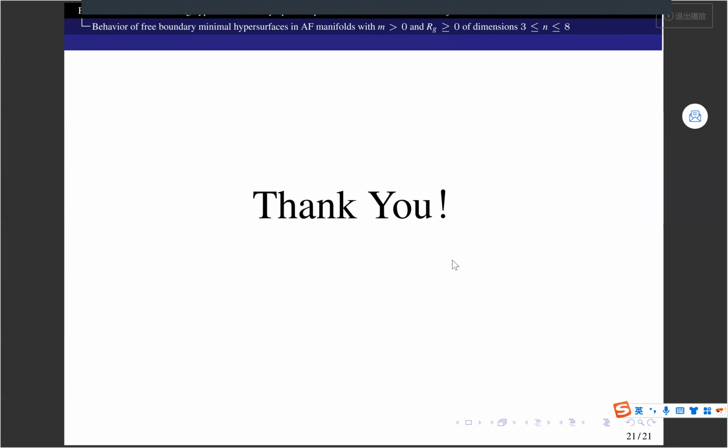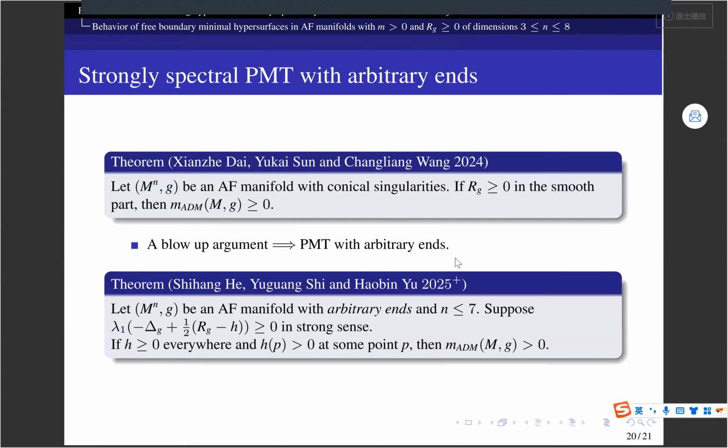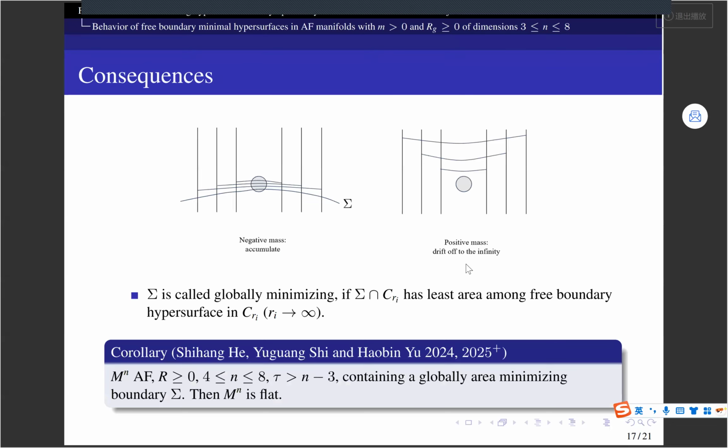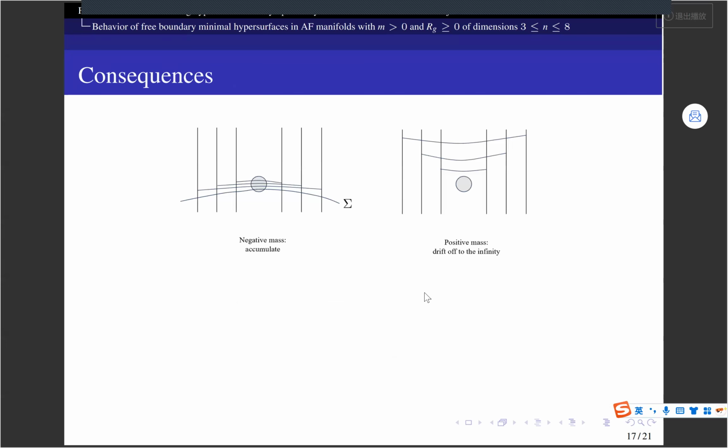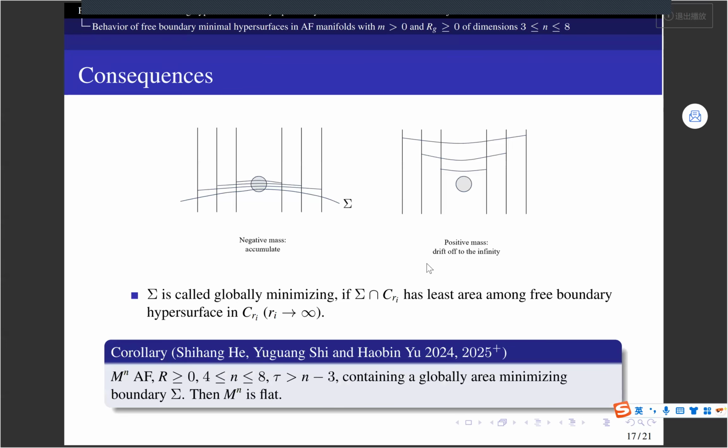Okay, so can you go back to your generalization of Schoen's conjecture, right? So you say you have some globally area minimizing, yeah, and this page. I haven't worked on this for many years.